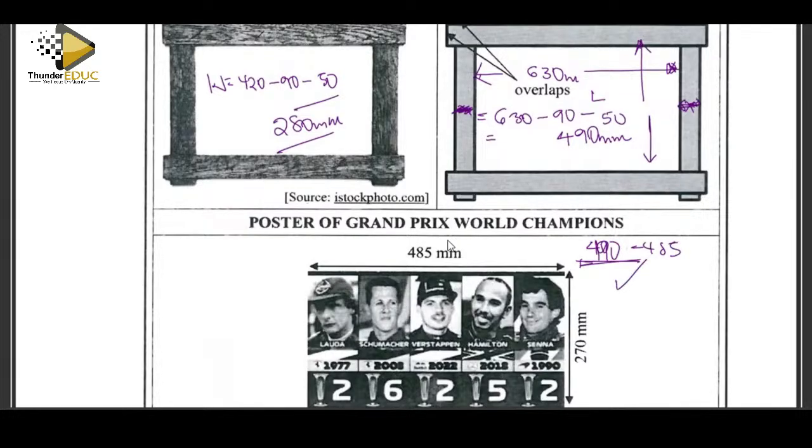So it concludes it's enough. Then what about the width? The width we are going to take 280 minus 270, and we have 10. So we say it can fit. It can fit.